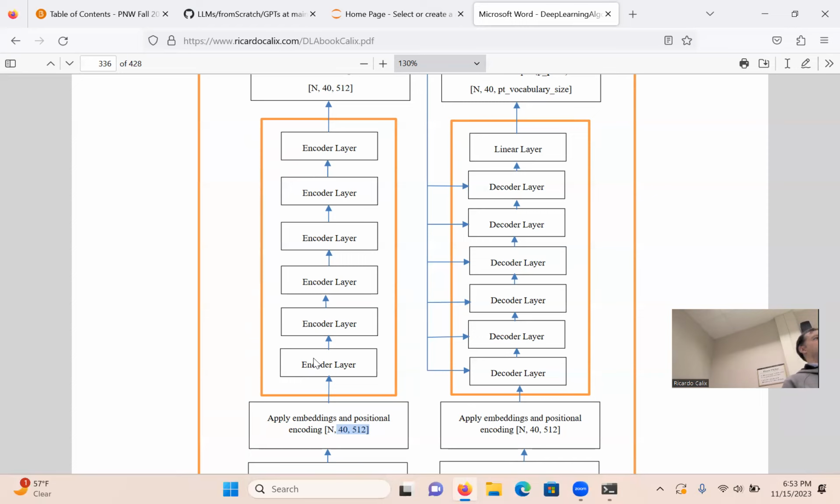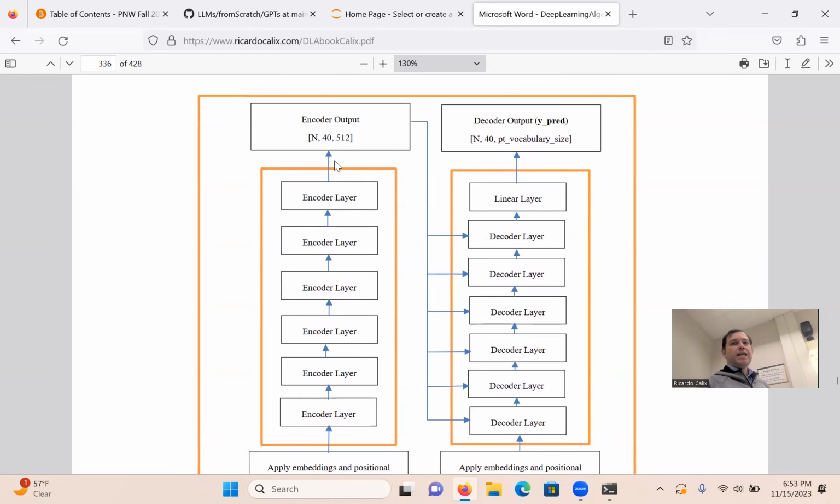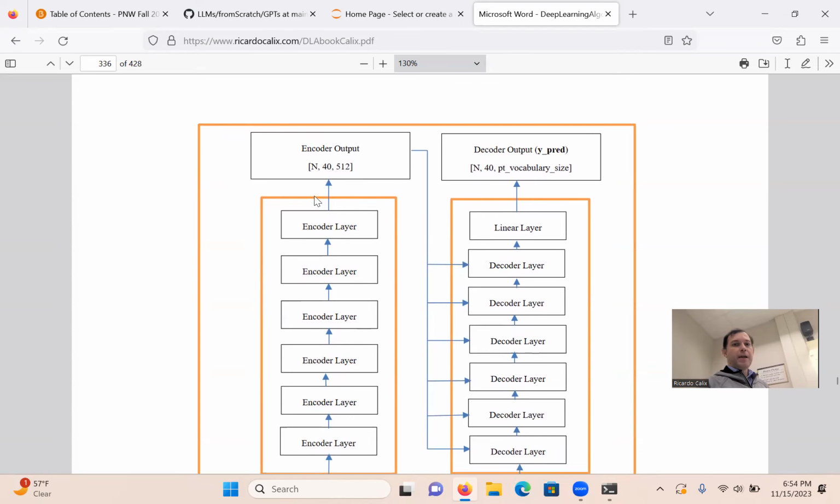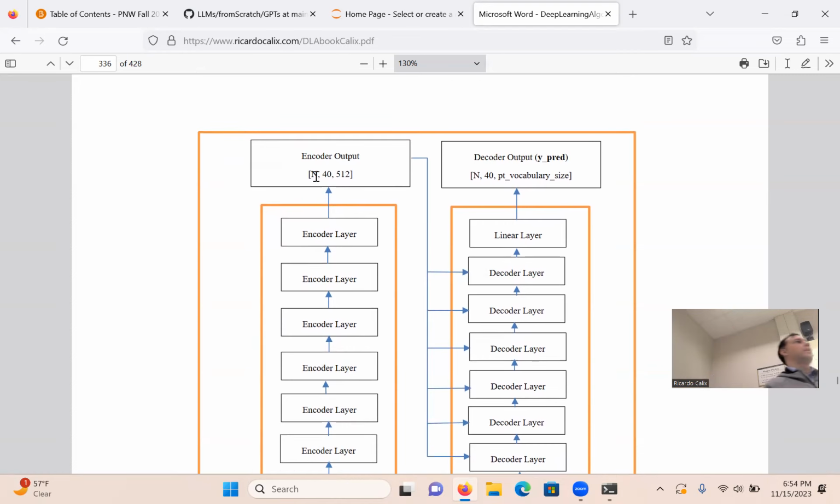Is that clear? That's going to happen in 6 layers. This is all neural networks, so very deep. And then at the end, guess what you get? n by 40 by 512.